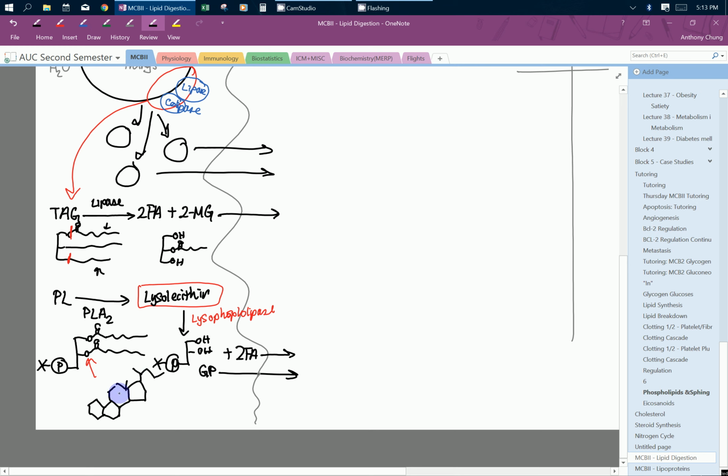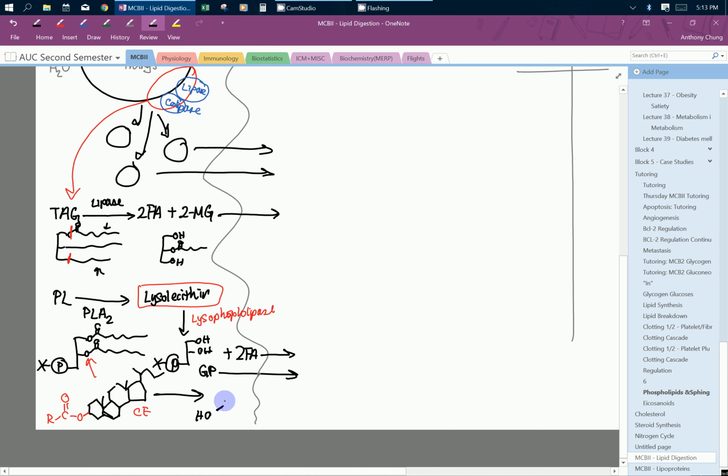Okay, so that's the basic structure of cholesterol, but over here for cholesterol ester, it's attached to this group. So this is cholesterol ester, and this is not as soluble as if you have the whole molecule attached to an OH group.